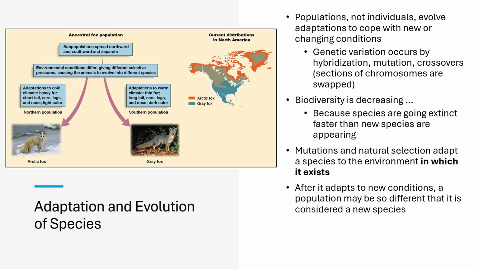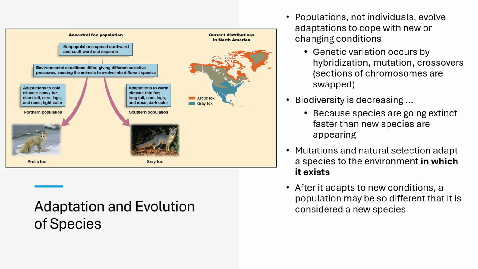So when we think about evolution, when we think about the impact that the environment has on an organism and the interaction of these organisms with other populations in the ecosystem, we need to realize that the population, not individuals in that population, but the population is what is evolving, what is changing.